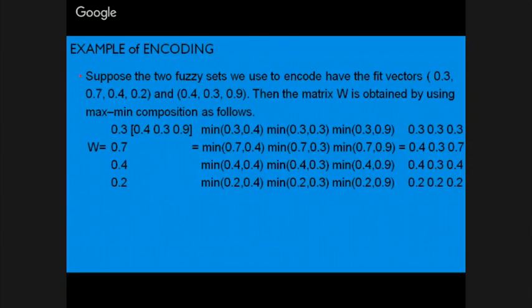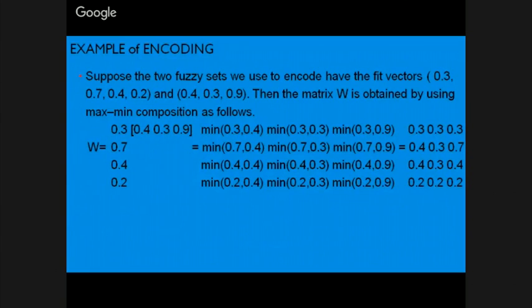Now we have to multiply this column vector with each element of the row vector. When we multiply the column vector with 0.4, we have to find the minimum of 0.3, 0.4, minimum of 0.7, 0.4, minimum of 0.4, 0.4, minimum of 0.2, 0.4. Then for the second element, minimum of 0.3, 0.3, minimum of 0.7, 0.3, minimum of 0.4, 0.3, minimum of 0.2, 0.3.